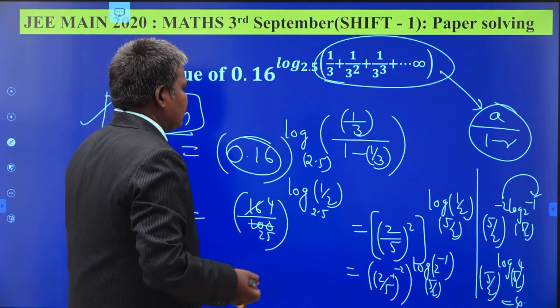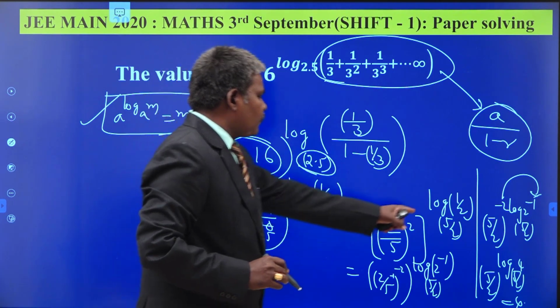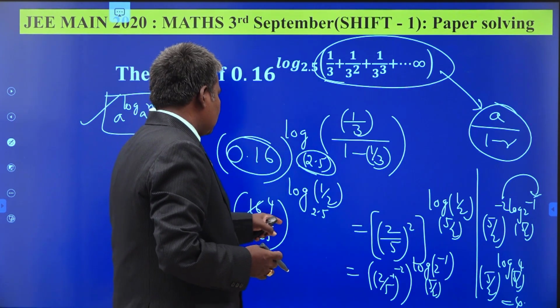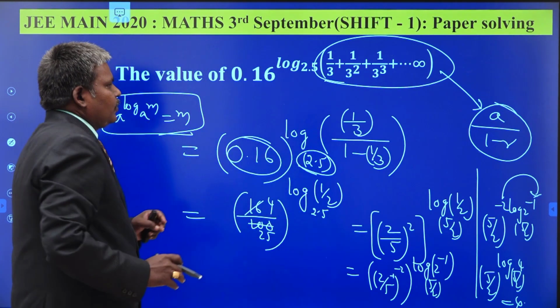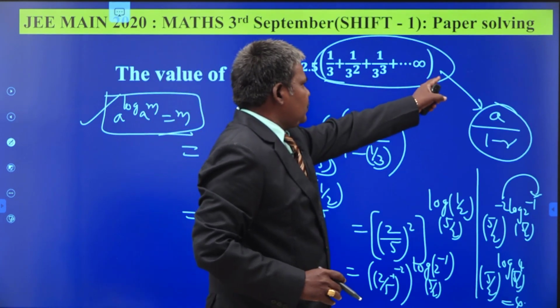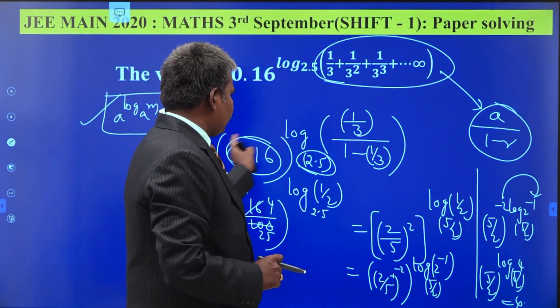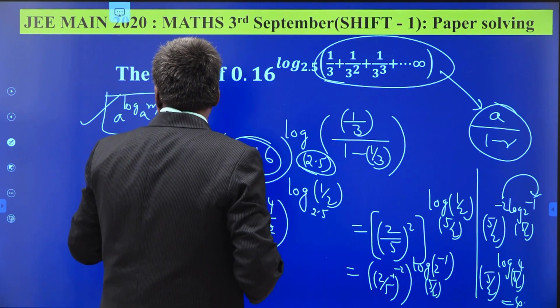Then only we can crack this problem immediately. Again your 2.5 is nothing but 5 by 2, and this is 2 by 5 whole square. This is a geometric progression with an infinite number of terms, summation is a by 1 minus r. Once you know all these things, you can easily derive this one.